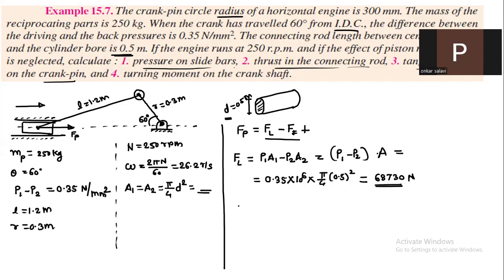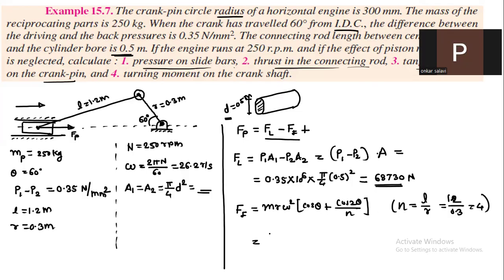Next, calculate the inertia force. Fi is equal to m r omega square into cos theta plus cos 2 theta divided by n. First calculate the n value. n is equal to L upon R. L is 1.2 and R is 0.3, so this is 4.